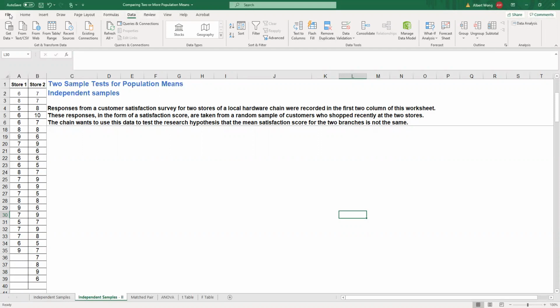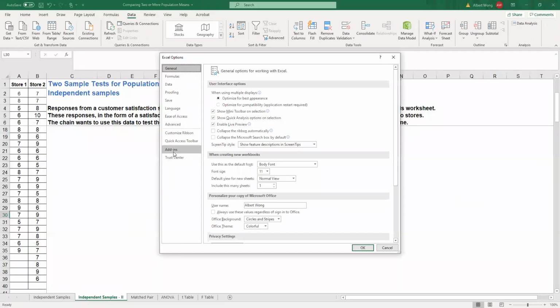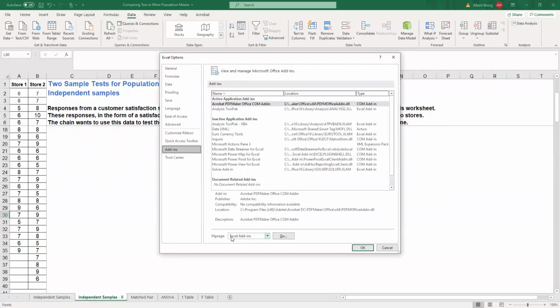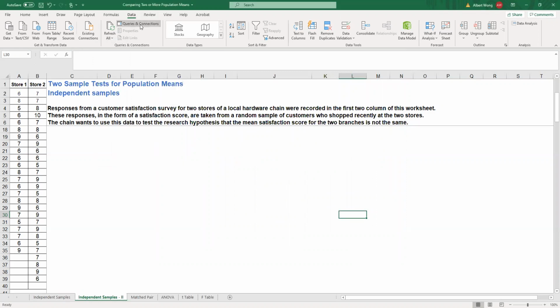If you don't, then you can go to File, Options, Add-ins, then choose Excel Add-ins, click Go, and click on the Analysis ToolPak, the first one, and install that add-in.